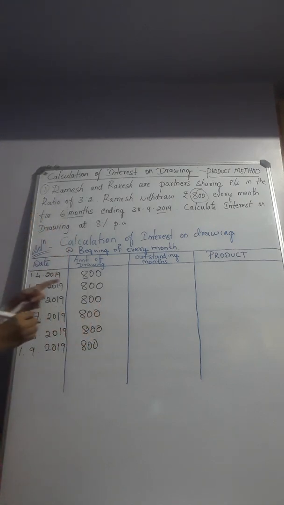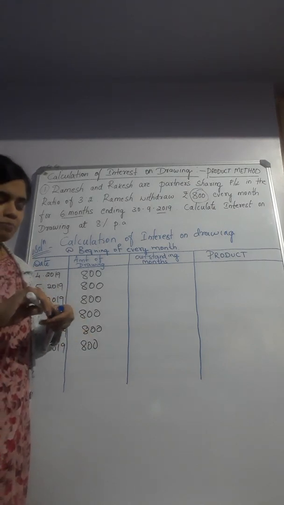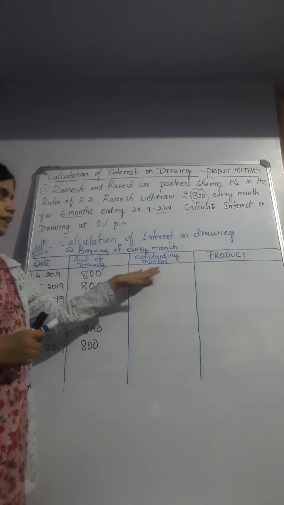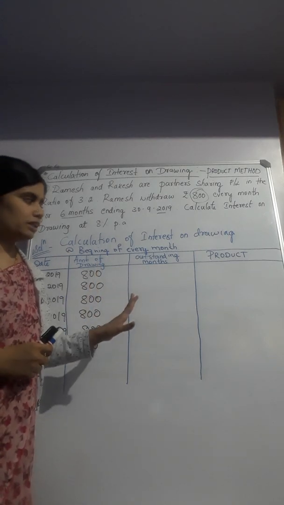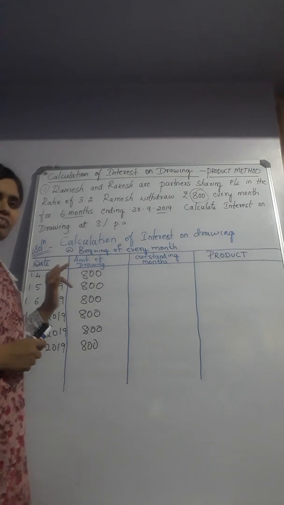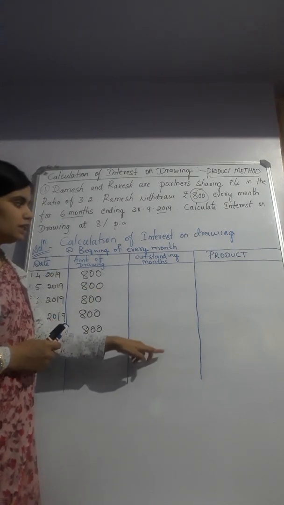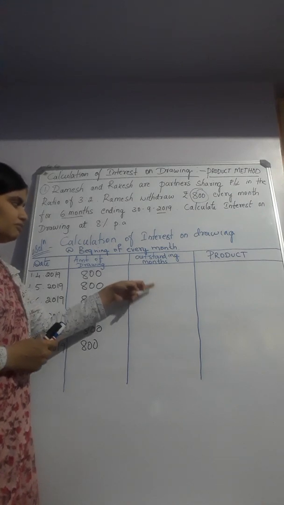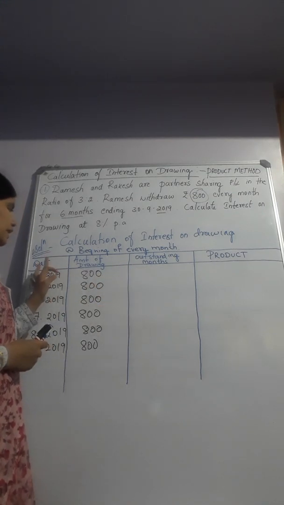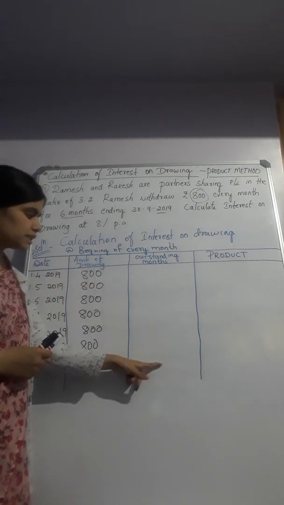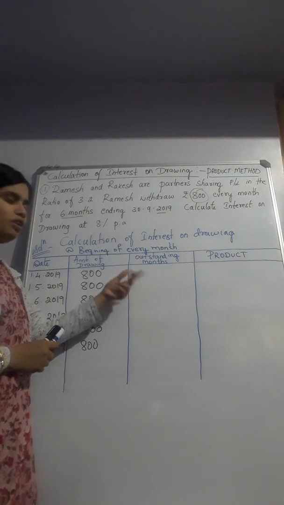Okay, outstanding months. Listen here. For the outstanding months, remember one thing: beginning of every month means from here you should start 1, 2, 3, 4, 5, 6. If it is the end of every month, you will start from 0, 0, 1, 2, 3, 4, 5.